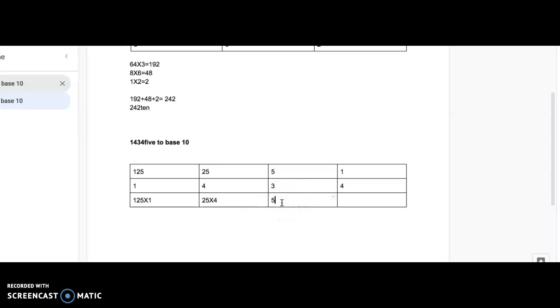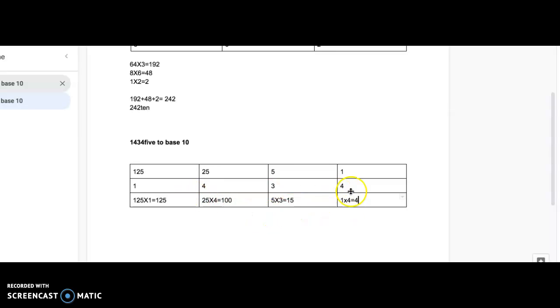Then we are going to take 5 times 3, and then 1 times 4. So 125 times 1 is equal to 125. 25 times 4 is equal to 100. 5 times 3 is equal to 15. And 1 times 4 is equal to 4.